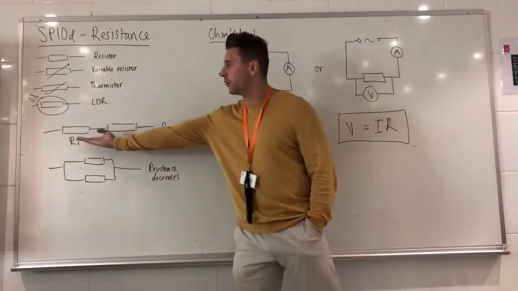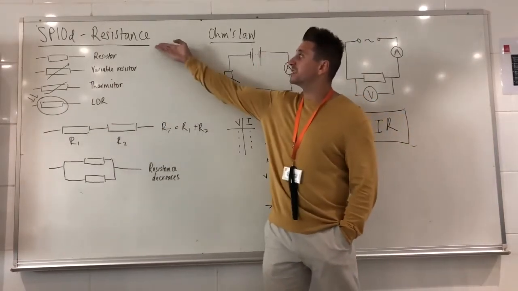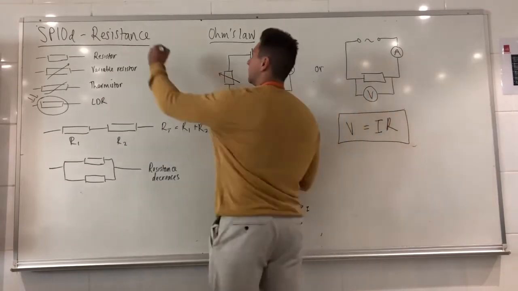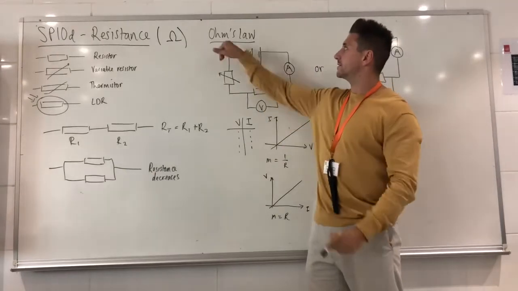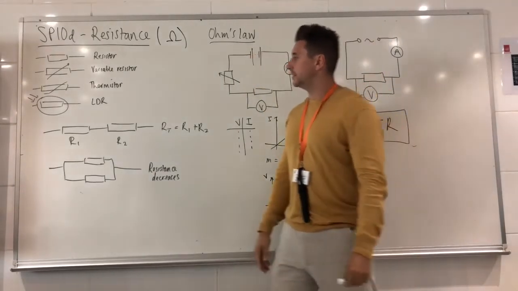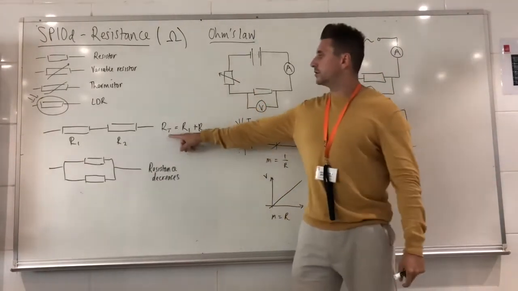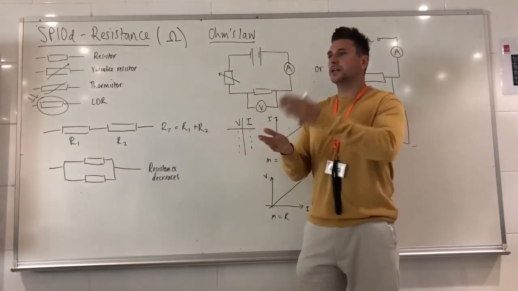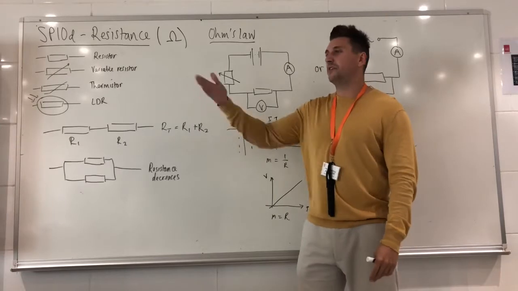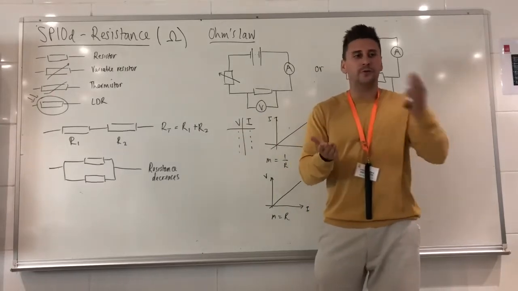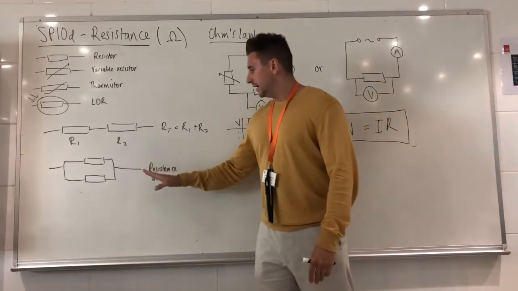Resistance is measured in ohms, the symbol is omega, and ohm is spelled O-H-M. So to get the total resistance of any combination of series resistors, it could just be two, so R1 plus R2. You could have five in series and you just add all five together, okay?